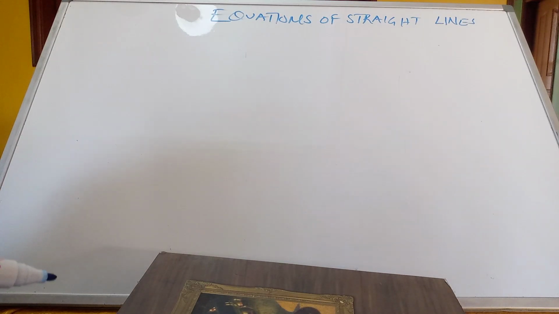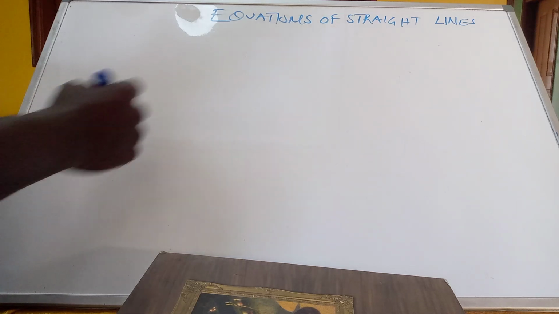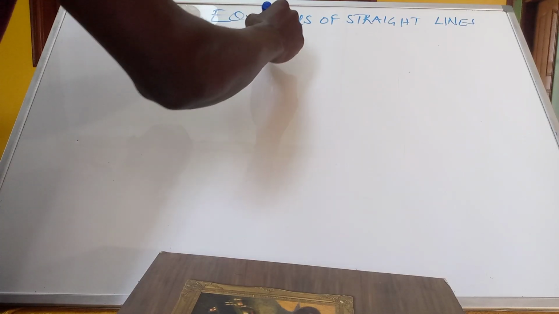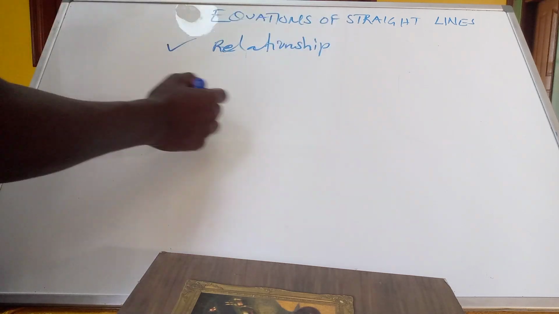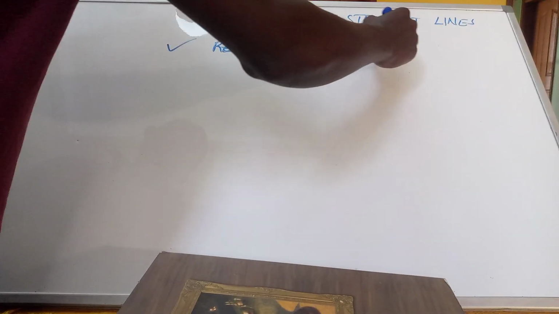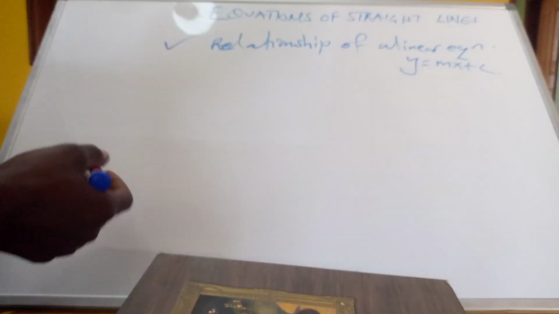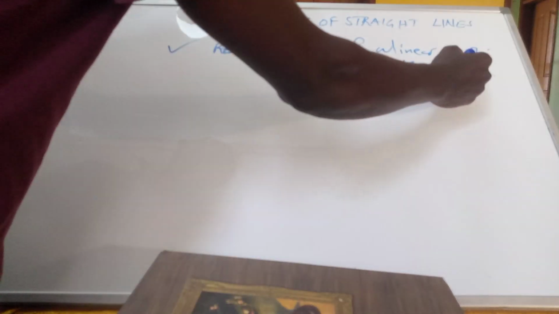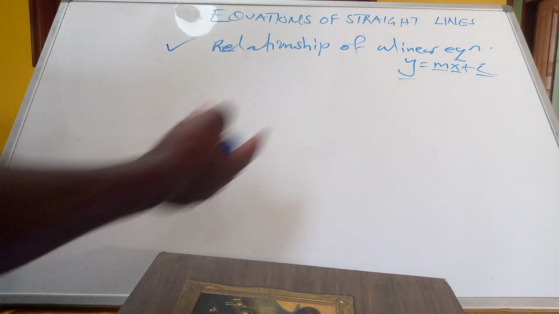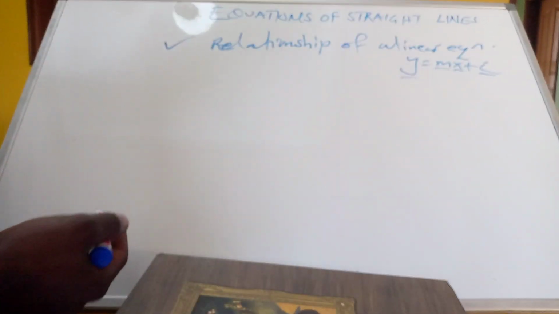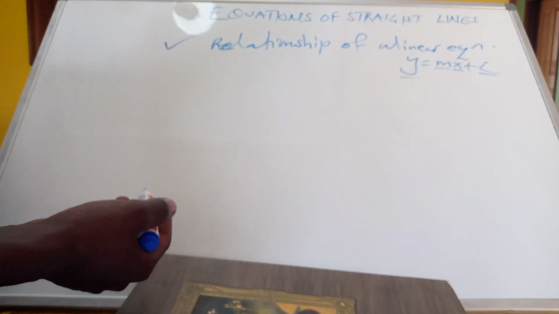Our first learning outcome is learning the relationship of a linear equation y equals mx plus c, whereby we are to learn how the simple terms in this equation are related, as the main terms that give rise to our equation of a straight line.